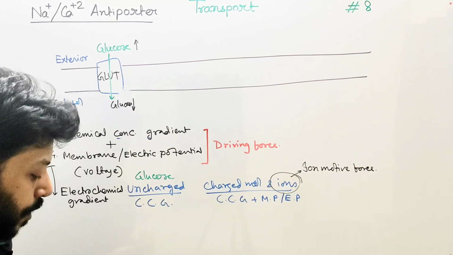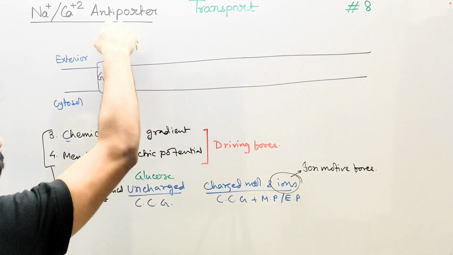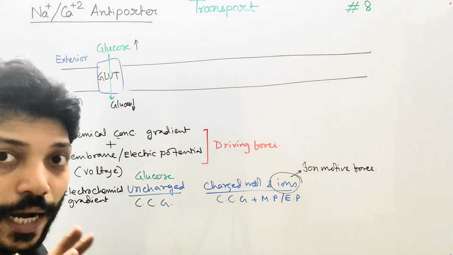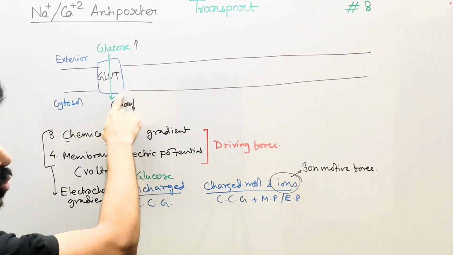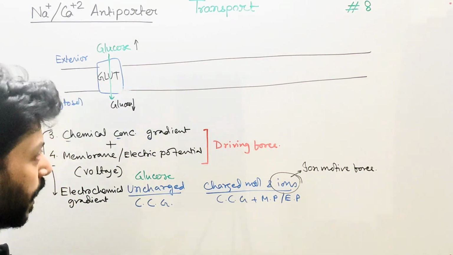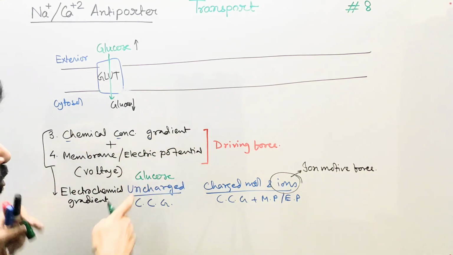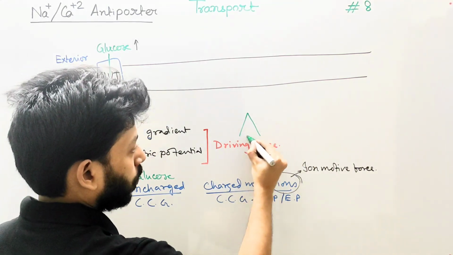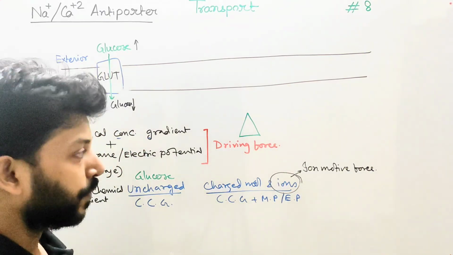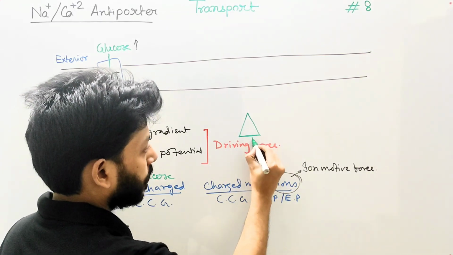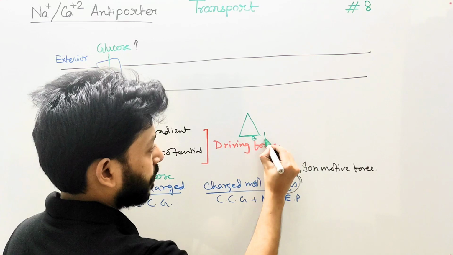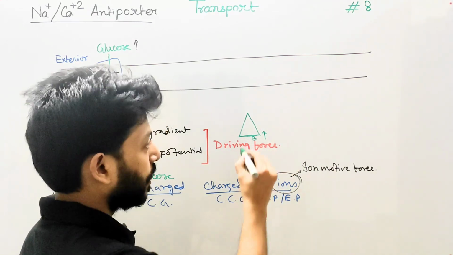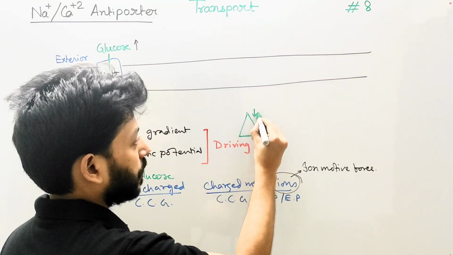That's why molecules like glucose move from higher to lower concentration, which is downhill movement, and that occurs through the uniporter. We can draw the chemical concentration gradient by a triangle. The base of the triangle indicates that the concentration of the molecule is high, and the tip indicates that the concentration is low.